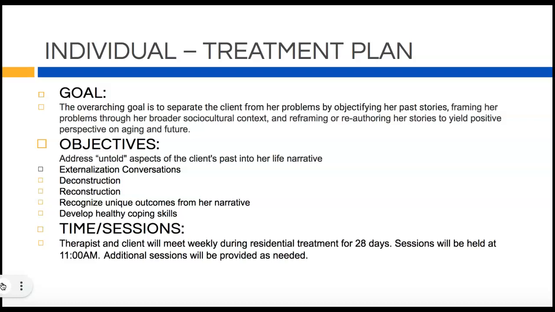So some of the objectives of using narrative therapy is that we want to address untold aspects of the client's past into her narrative, have externalizing conversations, deconstruction, reconstruction, recognize unique outcomes from her narrative, and develop healthy coping skills.